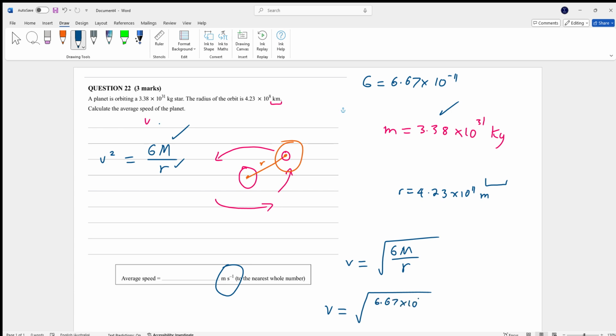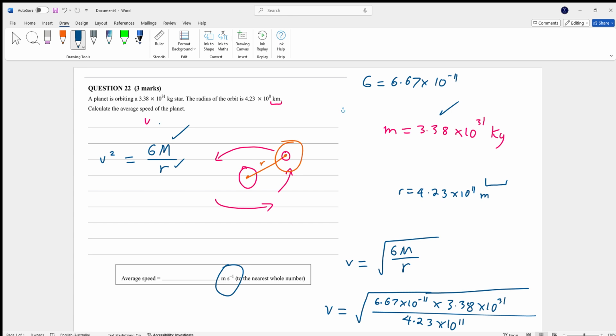6.67 times 10 to the negative 11 times by the mass, which is 3.38 times 10 to the 31 over the distance, which is 4.23 times 10 to the 11. And then we just chuck this into our calculator. So I'll do it so. But here, notice in the question, you have to have it rounded to the nearest number. Okay.